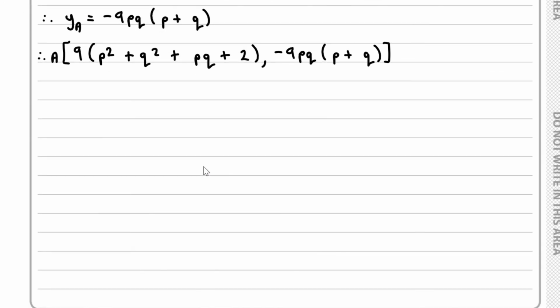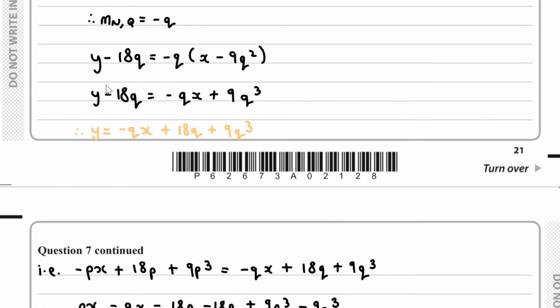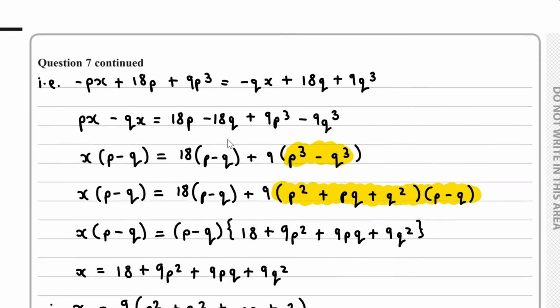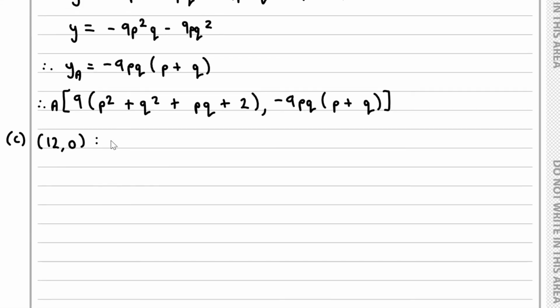For part C, if we consider this point 12, 0, and if we consider our line for L, which was over here, we would have p plus q lots of 0 equals 2 lots of 12 plus 9pq.